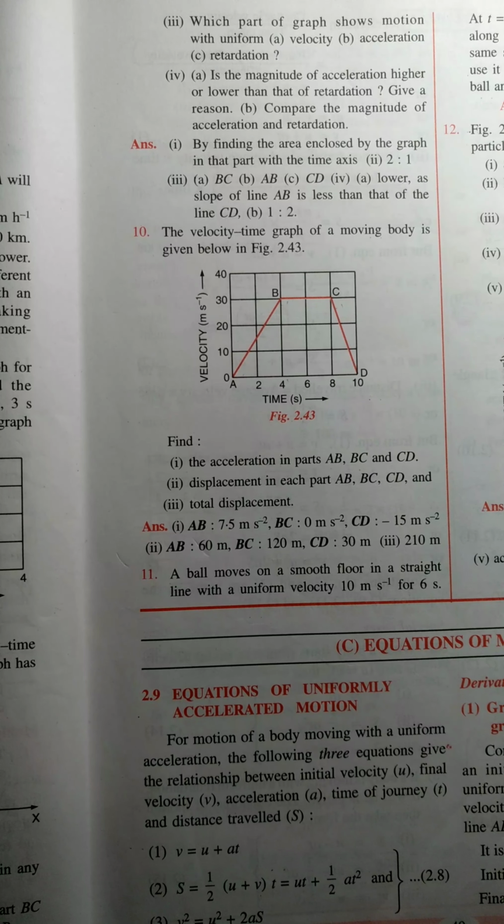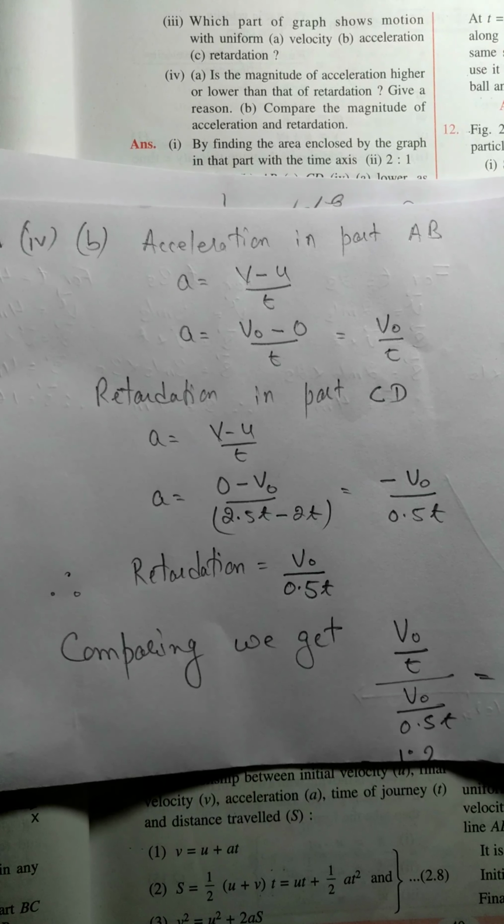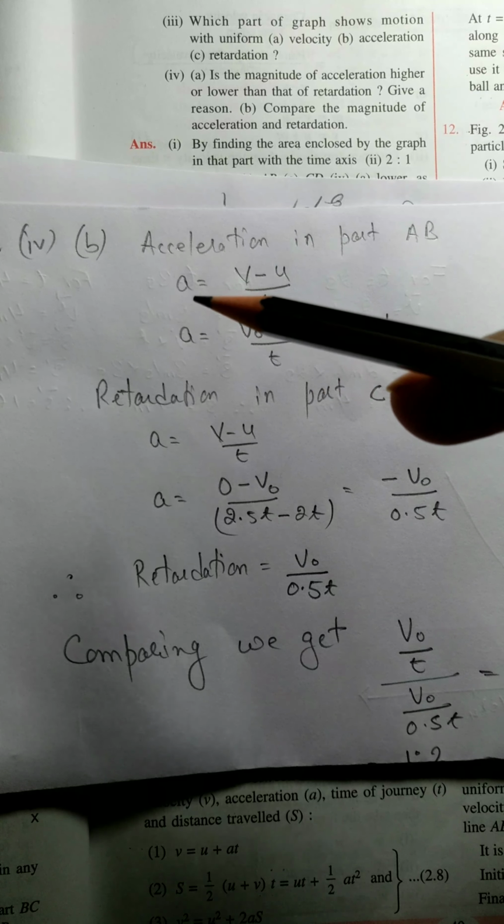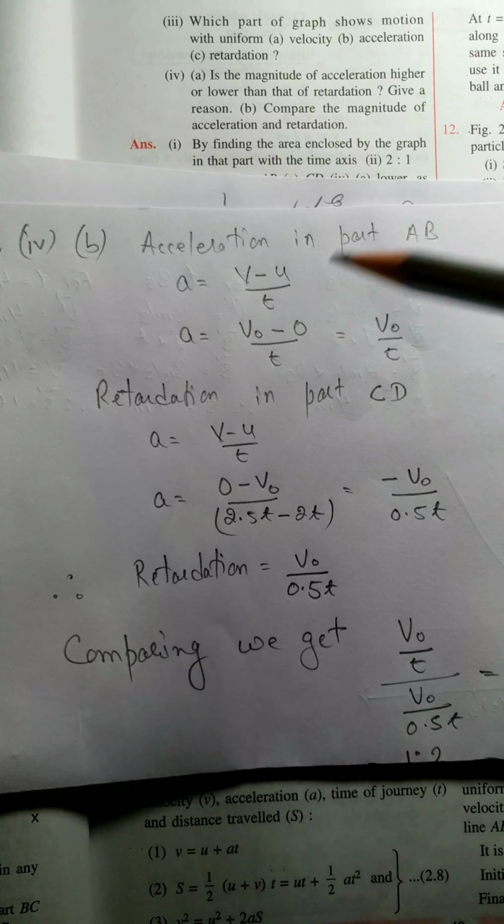Now going to number 4: is the magnitude of acceleration higher or lower than retardation? Magnitude means whether the value of acceleration is lower or higher. For that we are supposed to find the acceleration from the velocity time graph. For acceleration in part AB, the formula is a equals v minus u upon t.